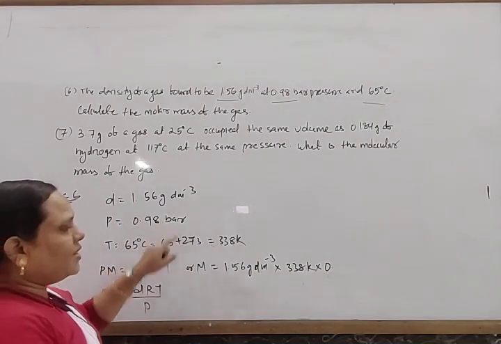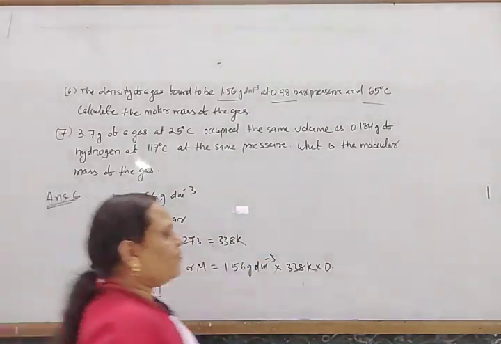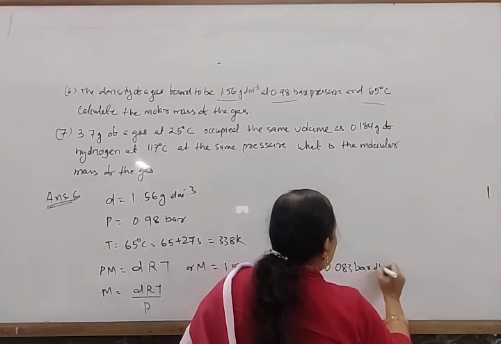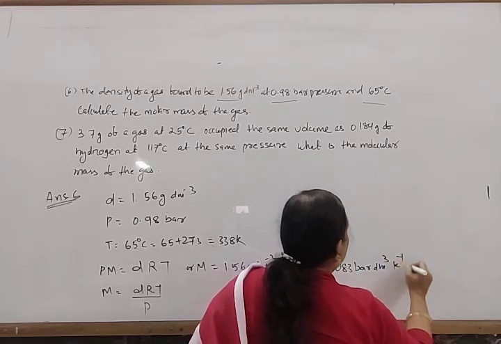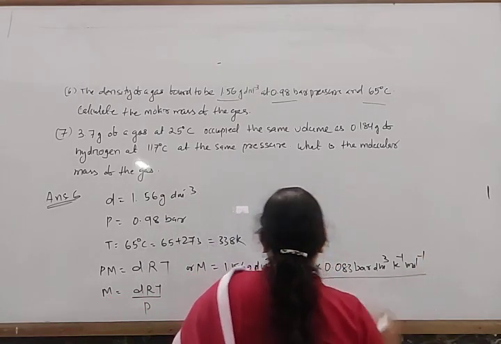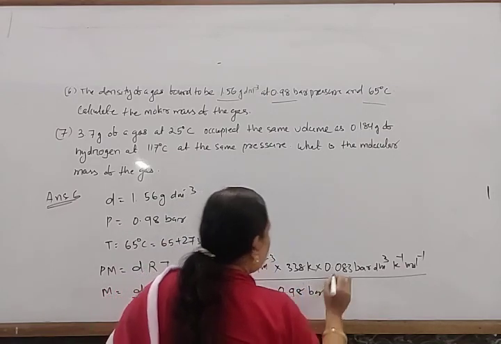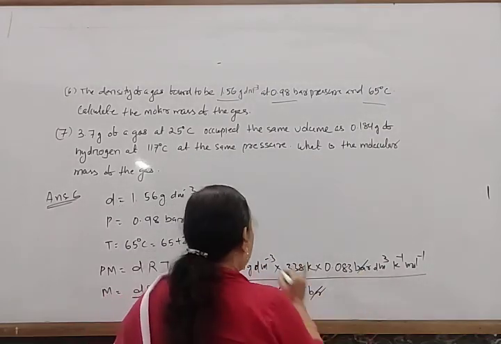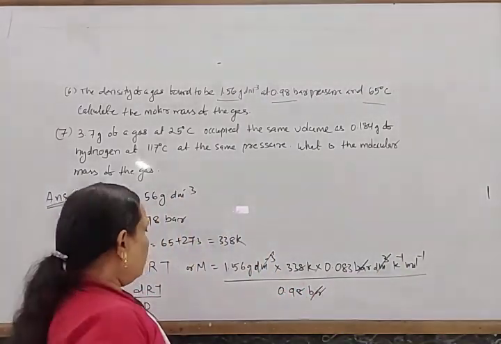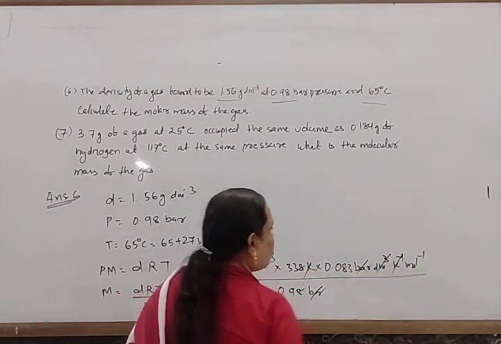Pressure is given in bar, so bar cancels, dm^3 cancels and Kelvin also cancels.